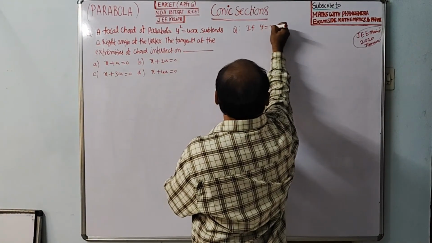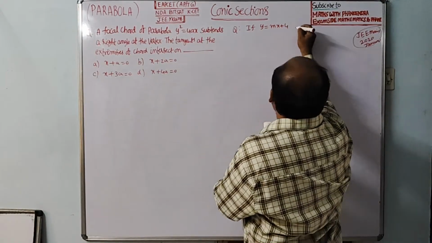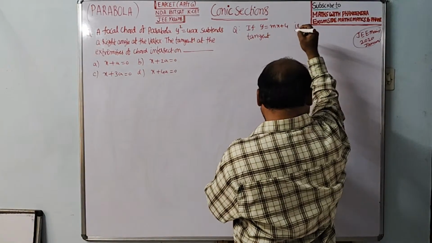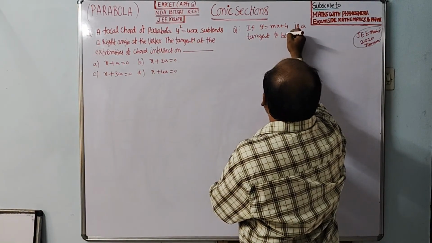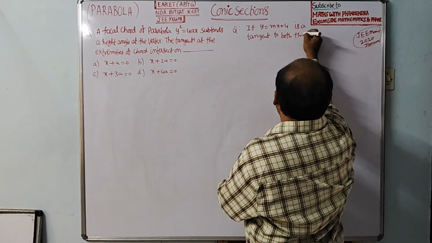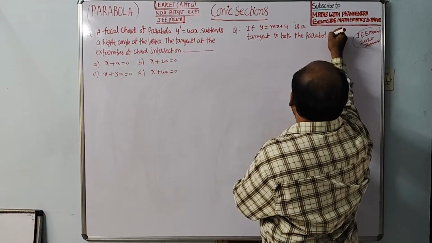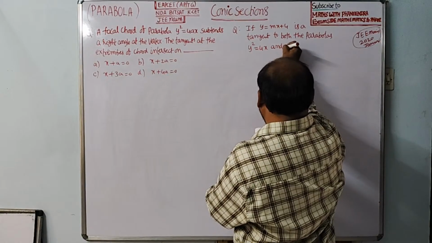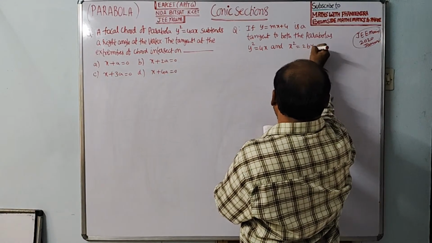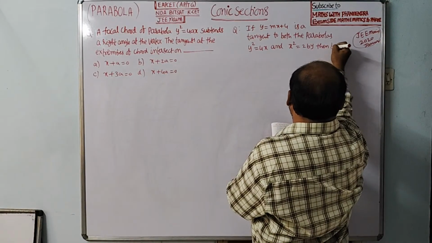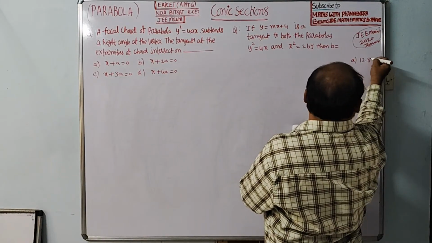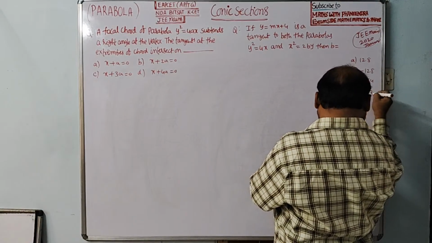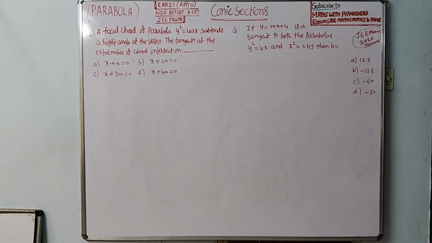If y is equal to mx plus 4 is a tangent to both the parabolas y square is equal to 4x and x square equal to 2by, then b equal to. The options are 128, minus 128, minus 64, minus 32. So these are the options, dear students.